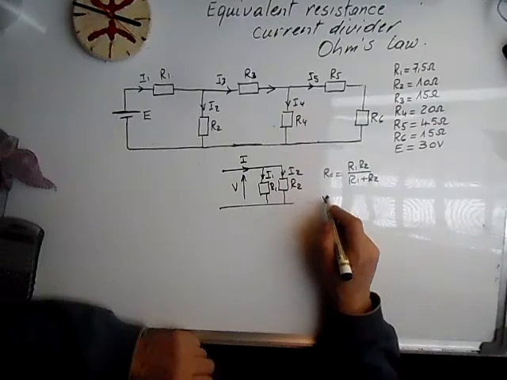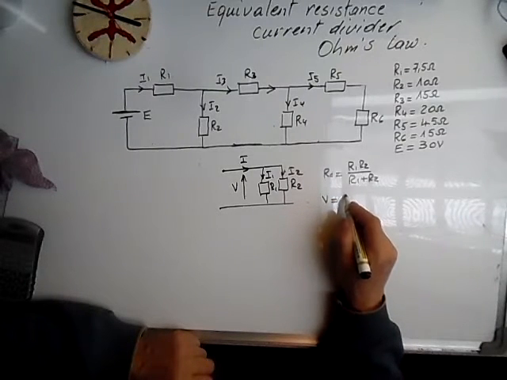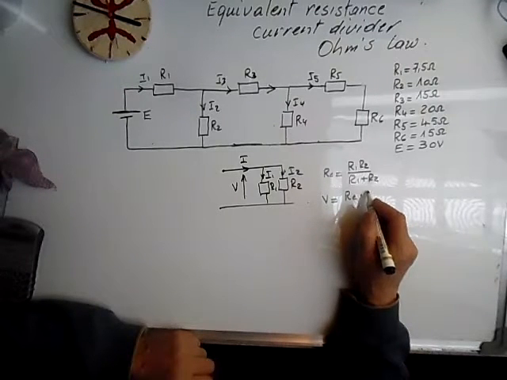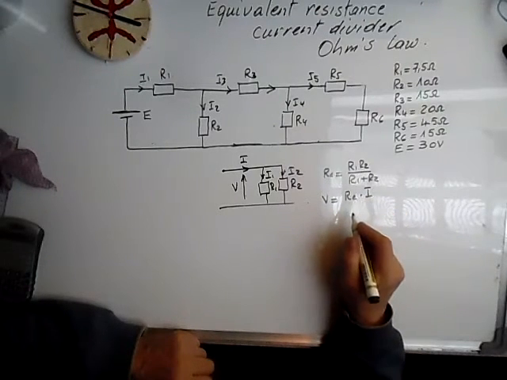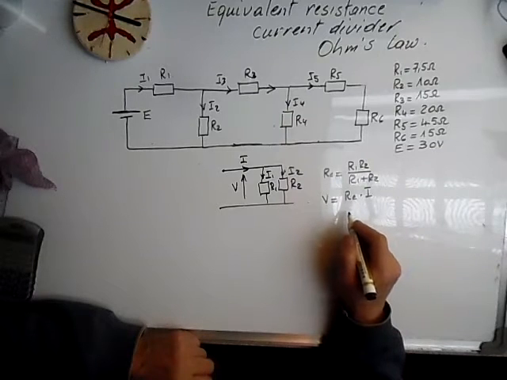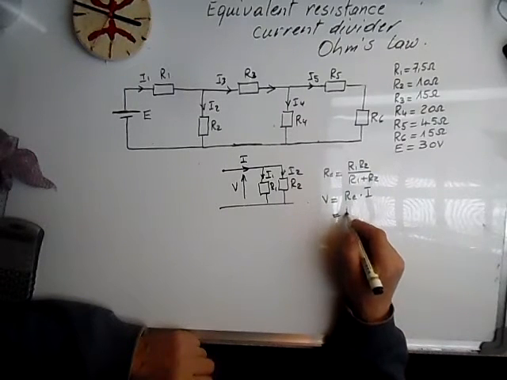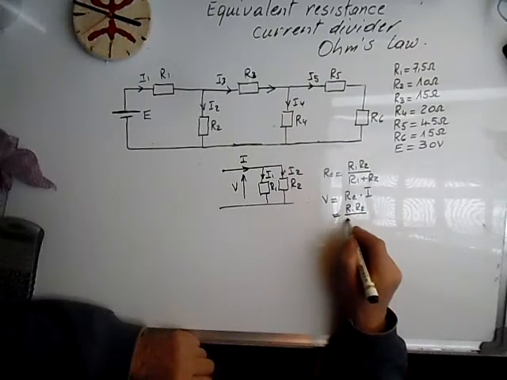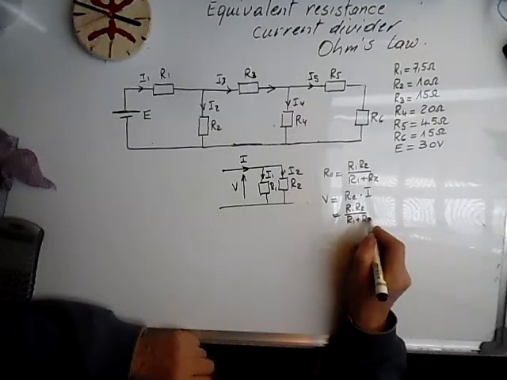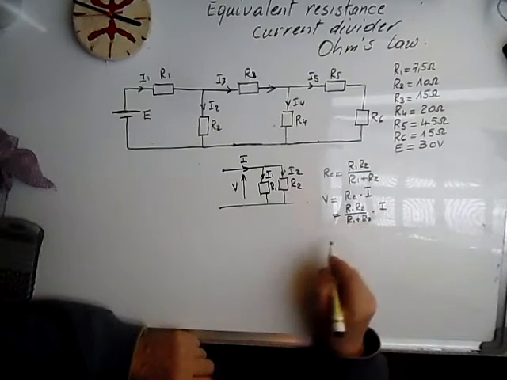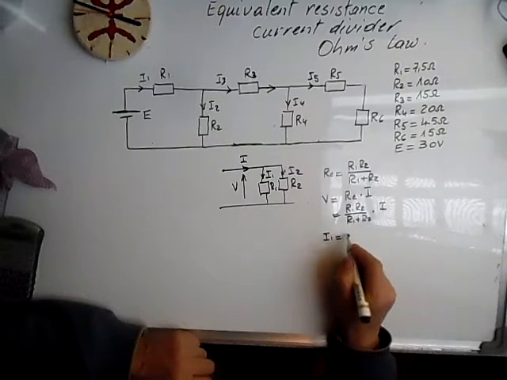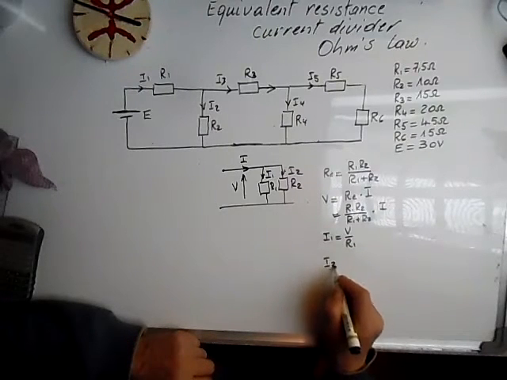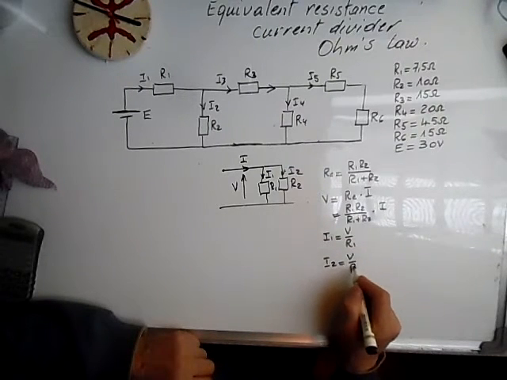We know that the voltage is equal to the equivalent resistance times the main current, so V equals R1 times R2 over R1 plus R2 times I. We also know that I1 is V over R1 and I2 is V over R2.